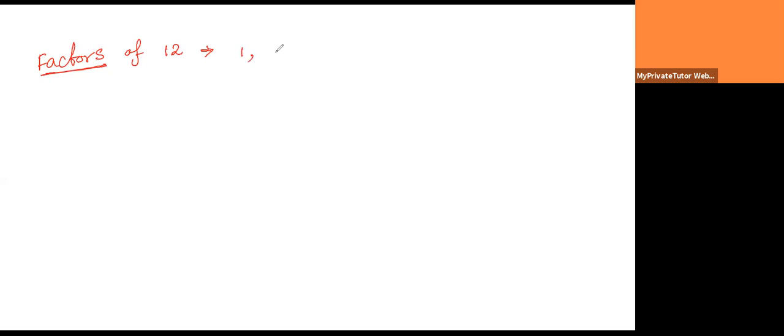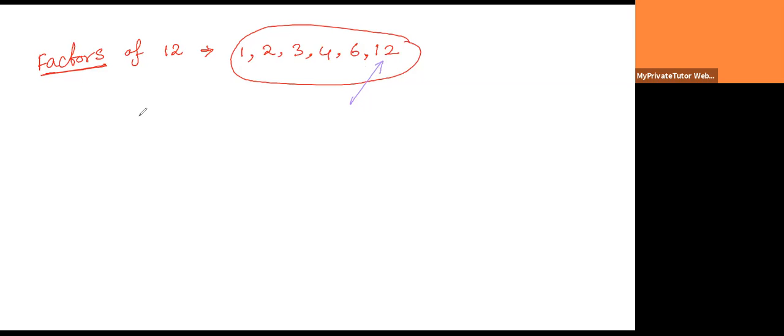We can divide 12 by 1, by 2, by 3, 4, 6, 12. So these are the factors of 12. I hope you guys already know these things. From this, the highest factor is 12.